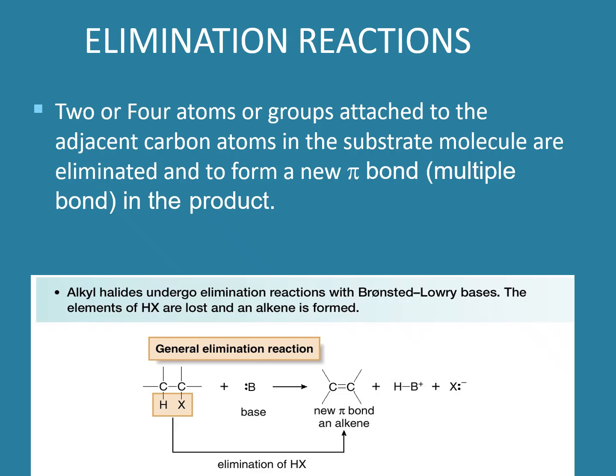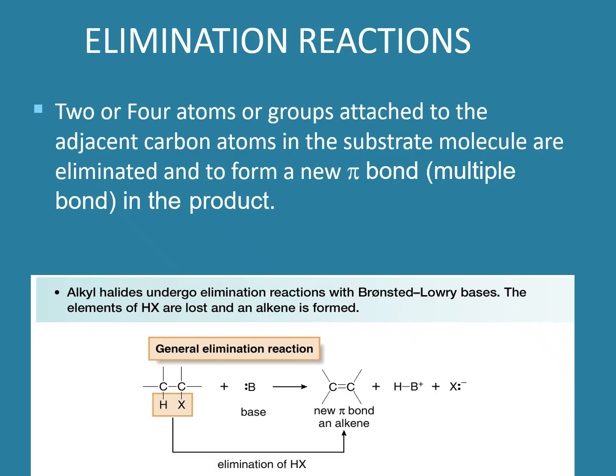These alkyl halides undergo elimination reactions with Bronsted-Lowry bases. The elements of HX are lost and an alkene is formed. What are Bronsted-Lowry bases? You have already studied this in the first semester.